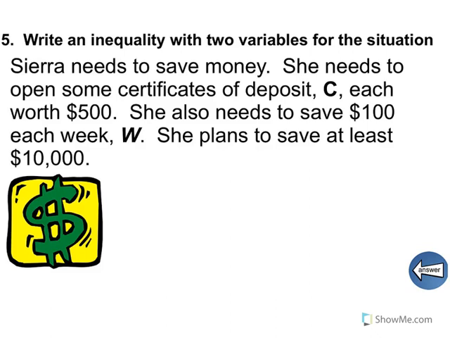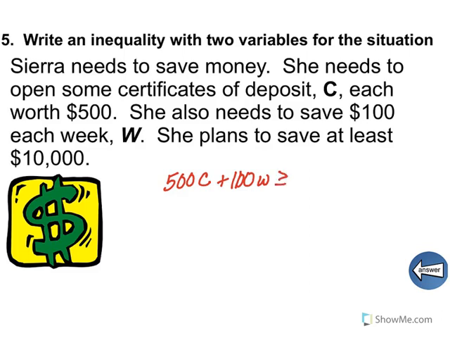Looking at the next one, it says Sierra needs to save money. She needs to open certificates of deposit, which is C, each worth $500. So 500C. She also needs to save $100 each week, so plus $100 that she saves per week. And she plans to save at least $10,000.